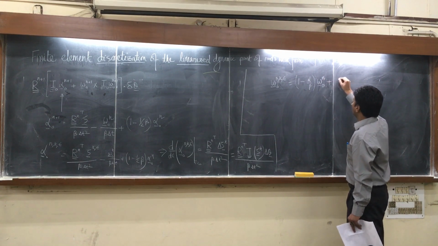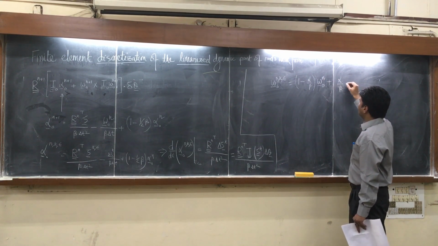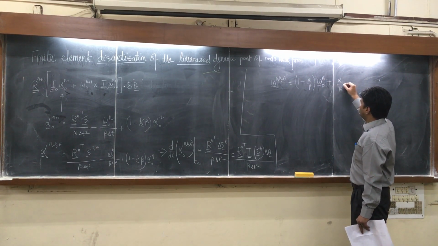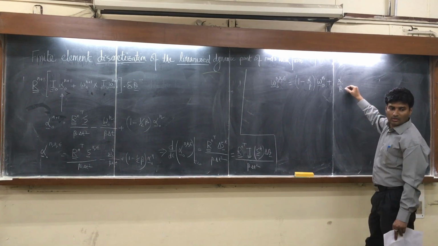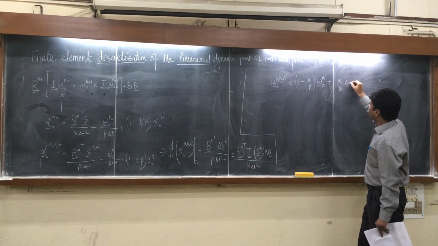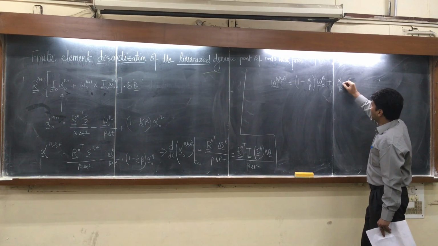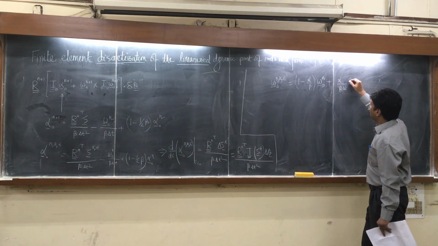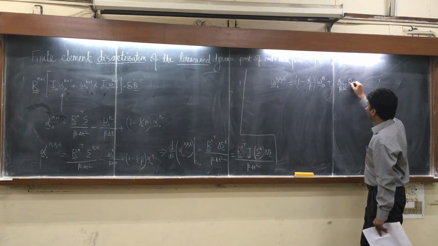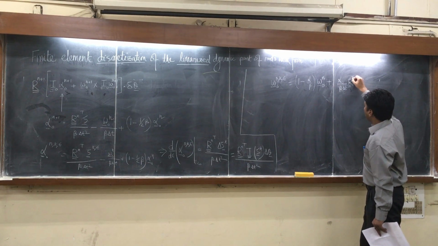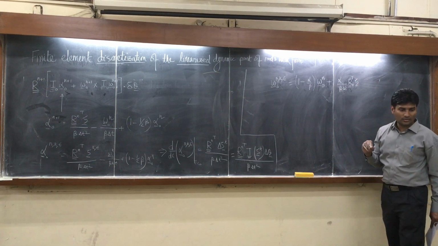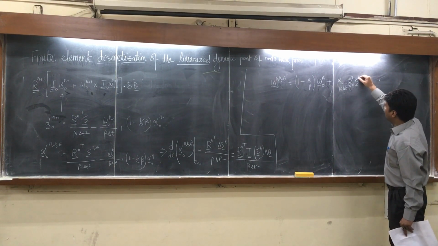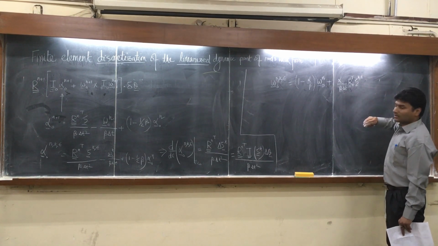Alpha by beta, 1 over delta t in the denominator, into zeta at k comma epsilon, right?